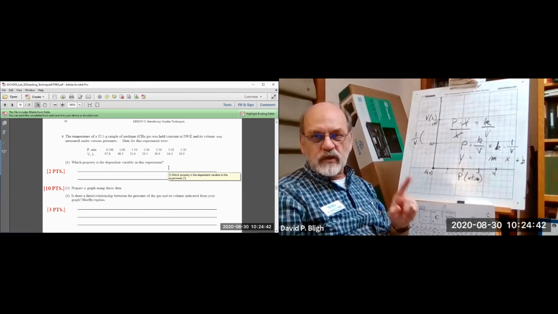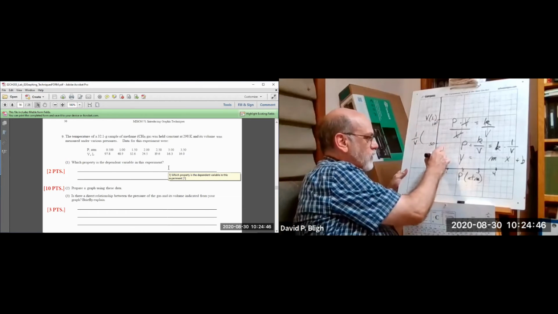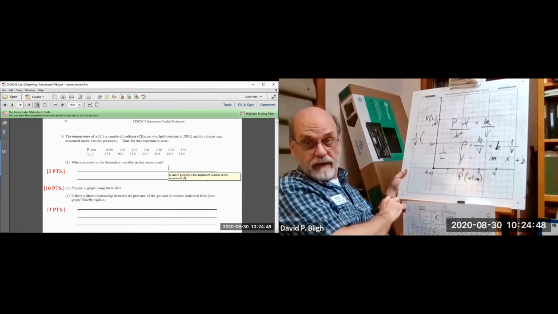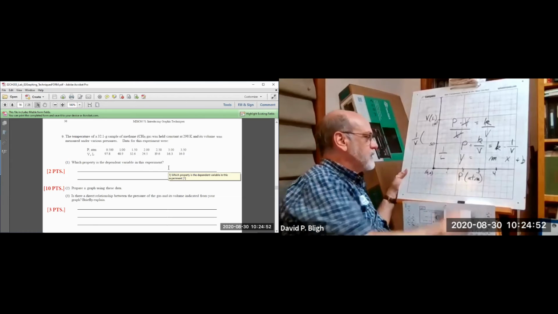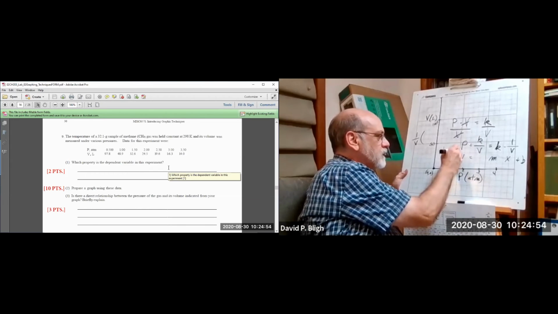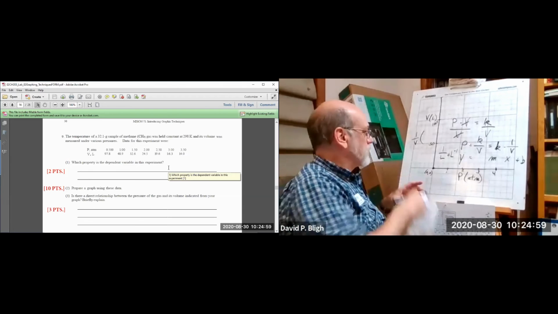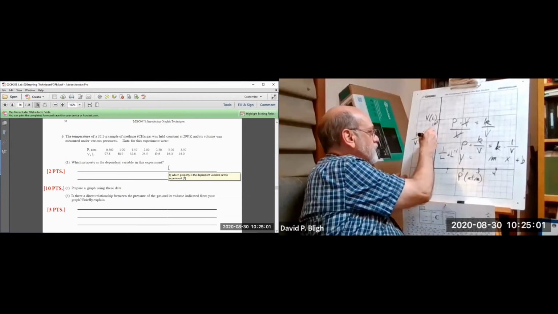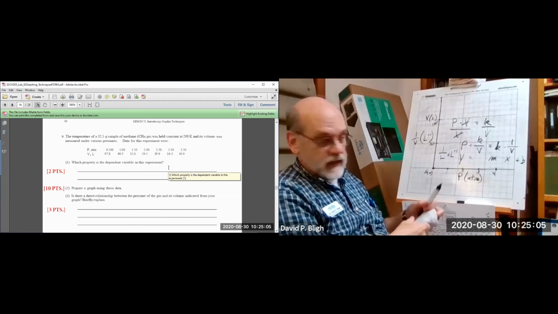So what would be the units, the inverse of liters? 1 over L? Yeah? But we have another way of writing that. 1 over L is equal to L to the minus 1. Okay? So your units would be liters to the minus 1. That means inverse liter.